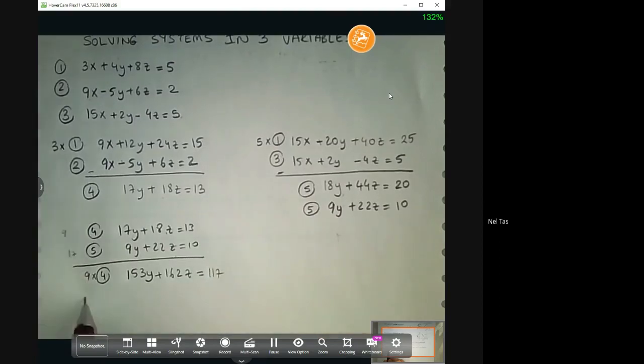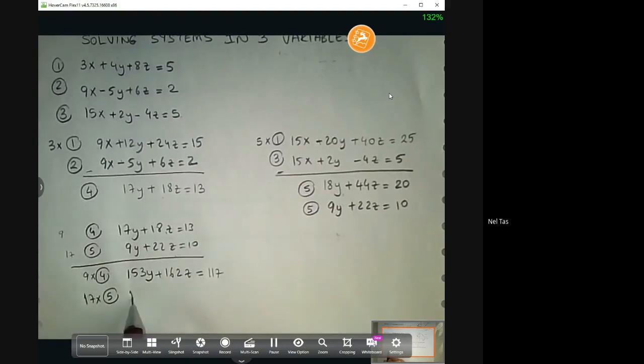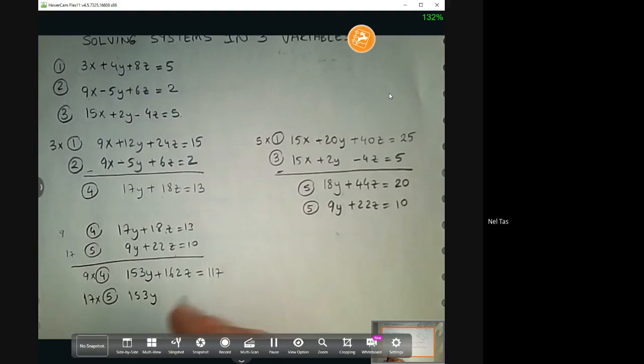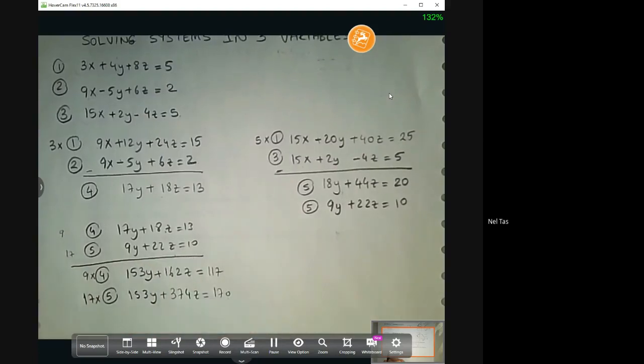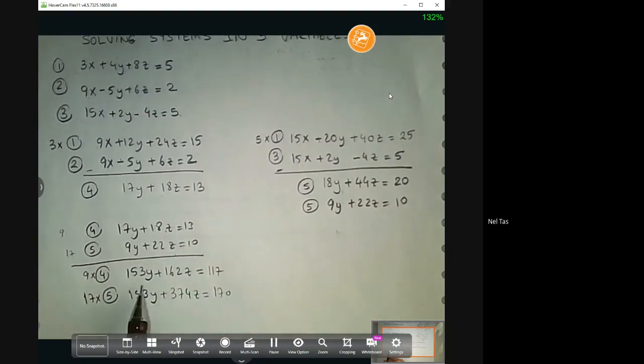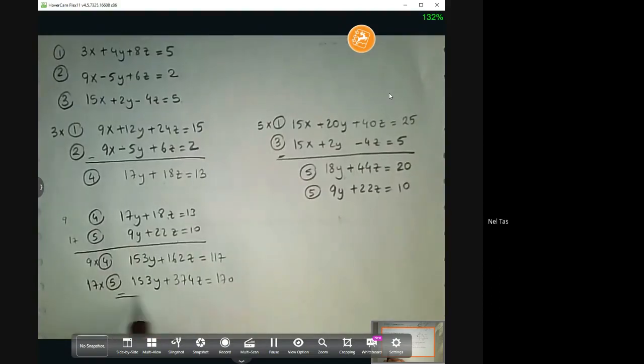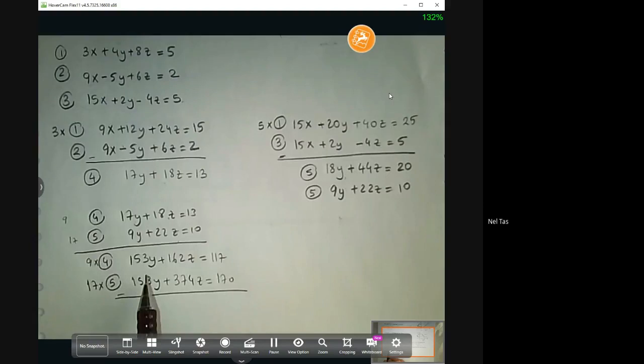So I'm multiplying equation number 5 by 17. So 17 times 9, we already got 153. So 22 times 17, 374z. 10 times 17, 170. Again, we are trying to eliminate y. So they have the same sign, we subtract.